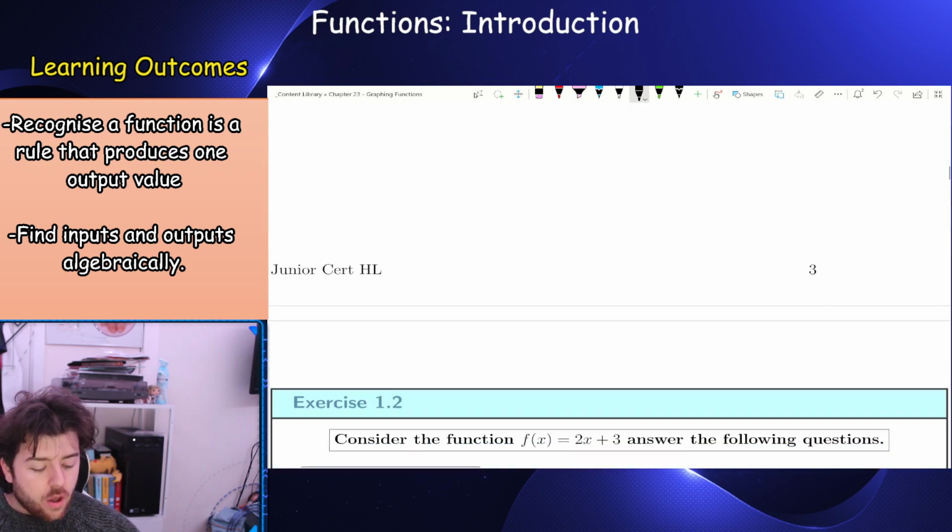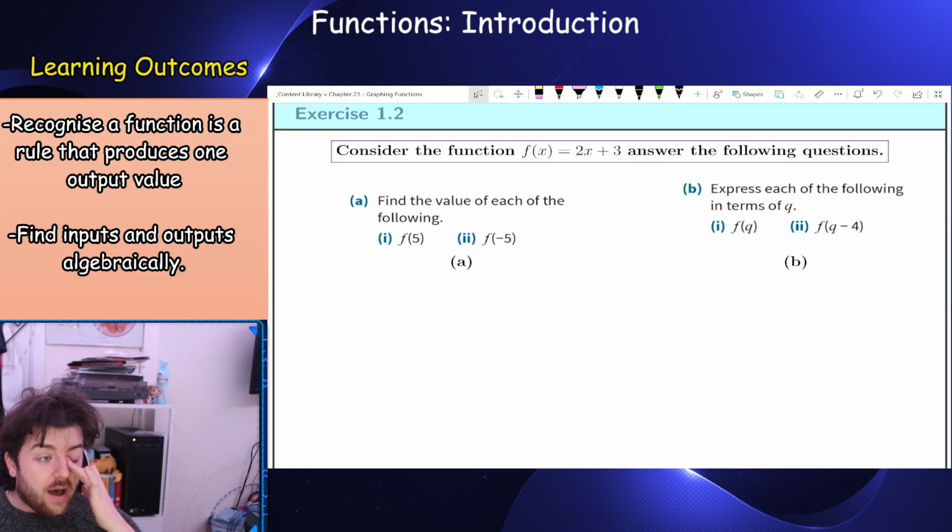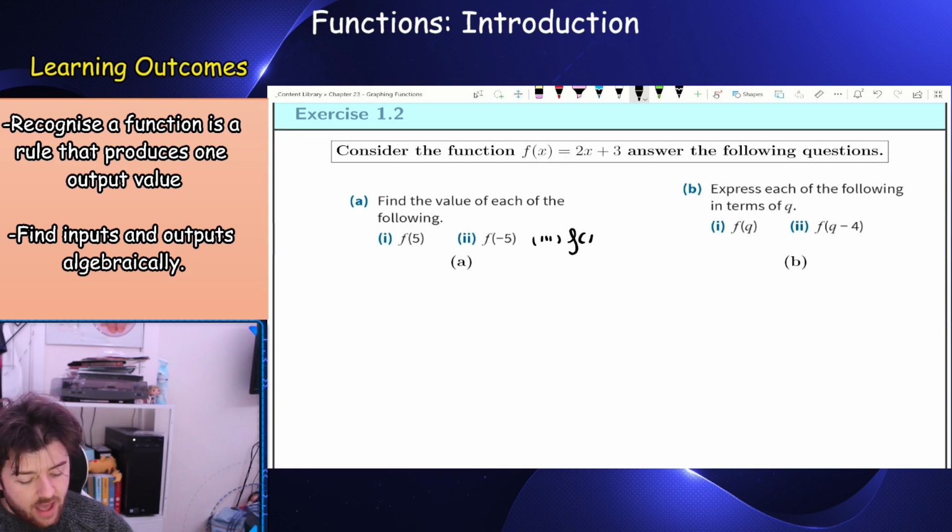So now, we can also use algebra to find the set of inputs and outputs, right? I'm going to add an extra question here because I forgot to add it in. I'm going to ask us to find f of x when it equals 6. Okay, so answer these 3 questions. Consider the function f of x equals 2x plus 3.